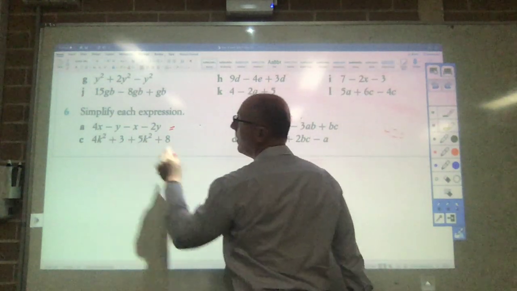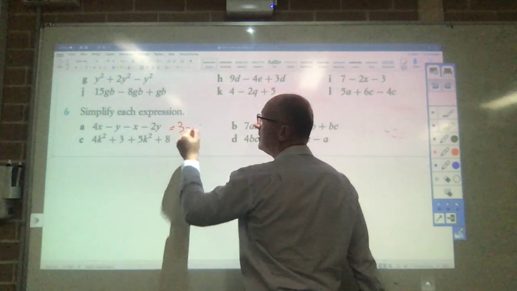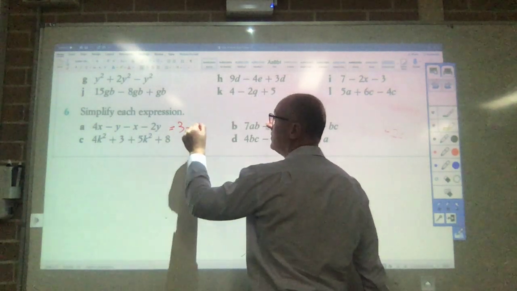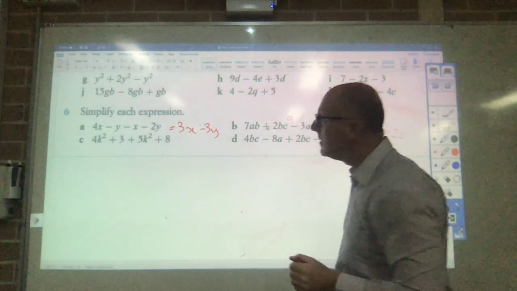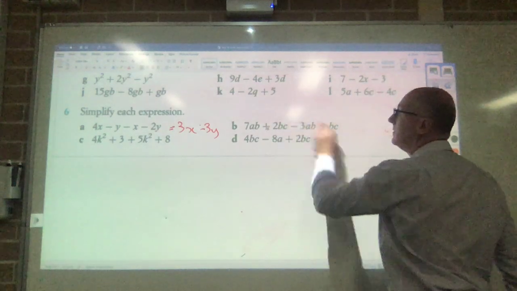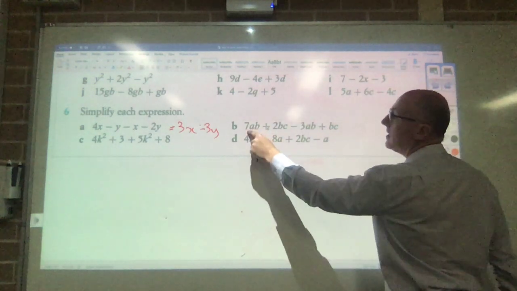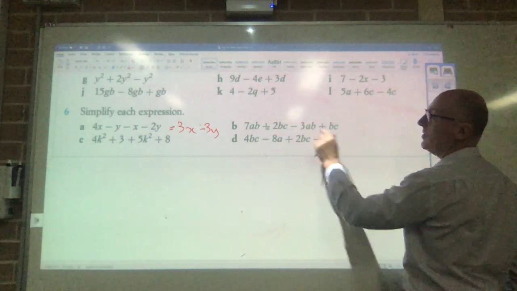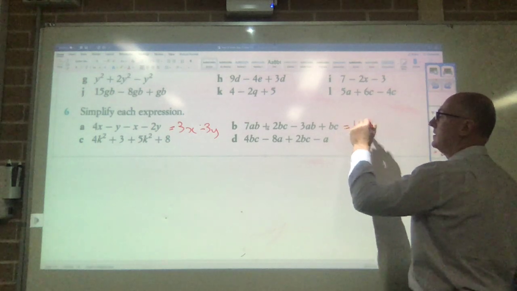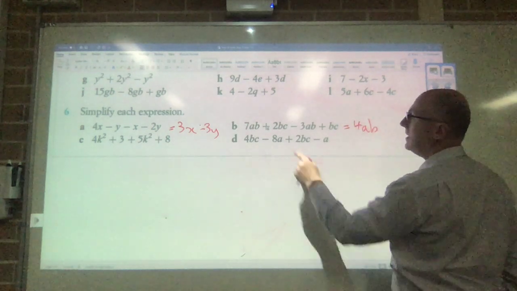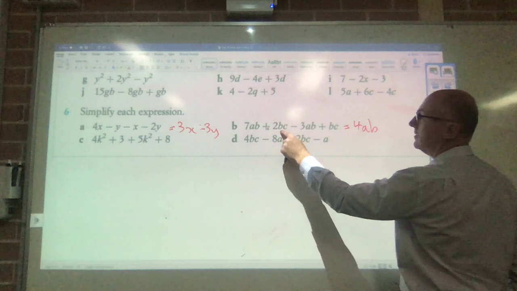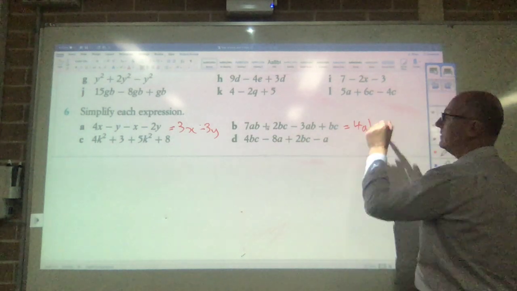Okay, 4x take away 1x is 3x, minus y minus 2y is minus 3y. That's right. Okay, next one. Write this out. 7ab minus 3ab is 4ab. And these two go together. 2bc plus 1bc is 3bc.